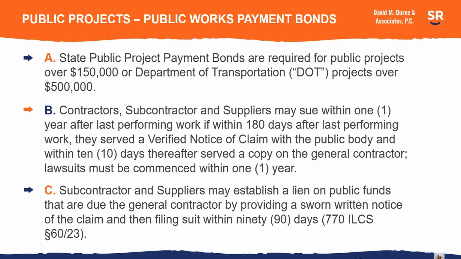And for those projects, the contractors, subcontractors, and suppliers may file a lawsuit against the bonding company as well as the contractor above them within 1 year of last performing work, if within 180 days after last performing work, they served a verified notice of claim on the public body, and within 10 days after that, served a copy on the general contractor.